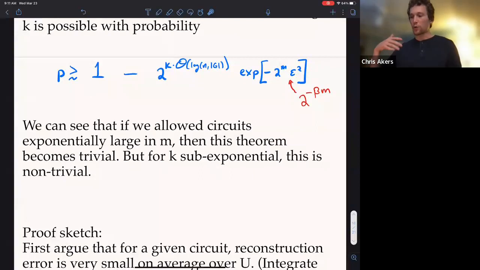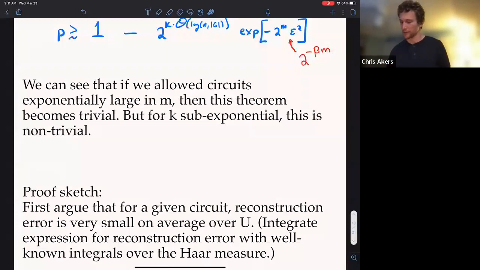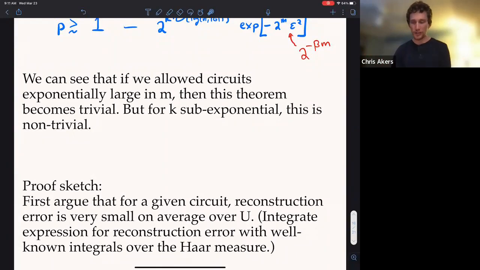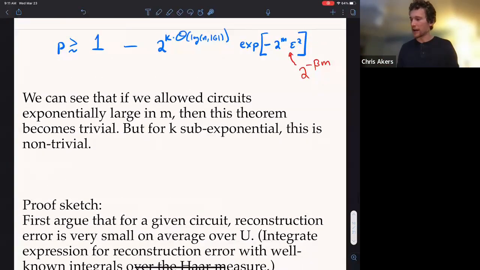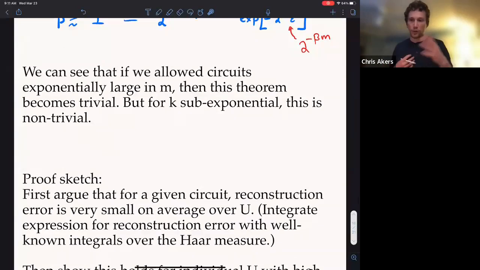And I will very quickly sketch the proof. I won't go into detail unless someone wants to ask me about it later. The argument has a few parts. First, we can prove that the reconstruction error of a single circuit is small on average, so you're averaging over U here. You literally just write down the reconstruction error straightforwardly, and then you average over U to compute it, and you can say that's small on average.